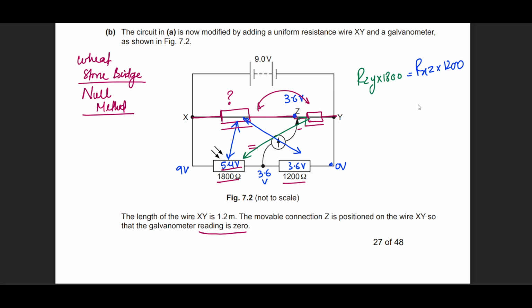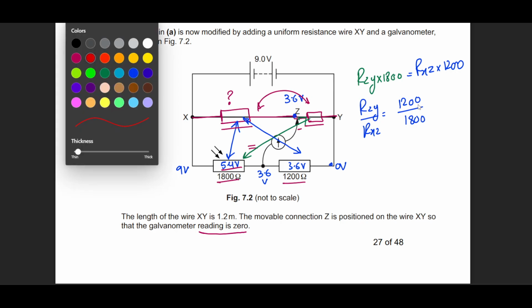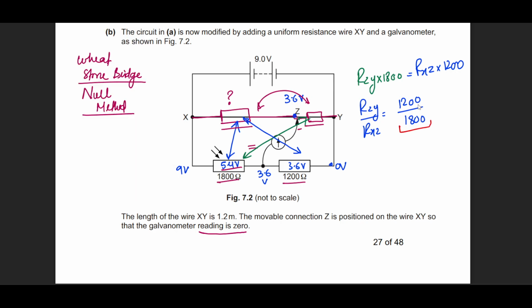And if you want to find out the ratio, then that will become RZY divided by RXZ equals 1200 divided by 1800. So what have we come down to? We've come down to this idea that the ratio of resistances on the opposite branch are equal to the ratio on the other side as well, right?